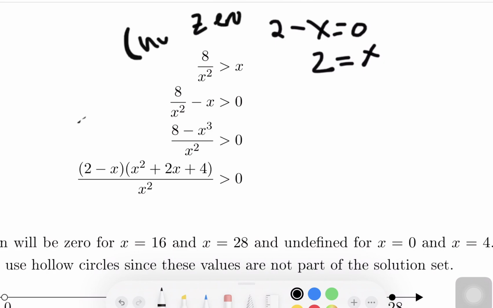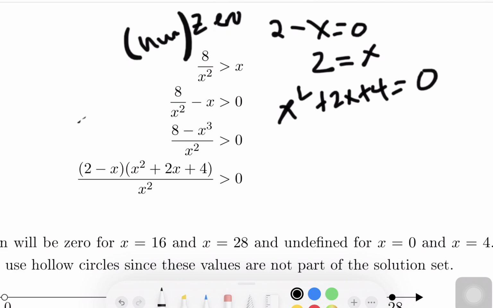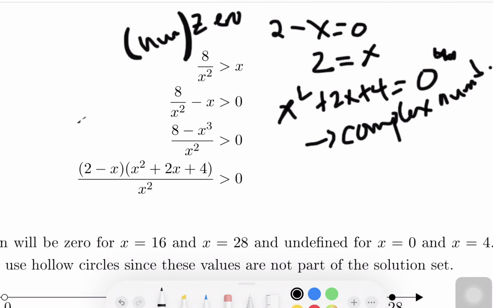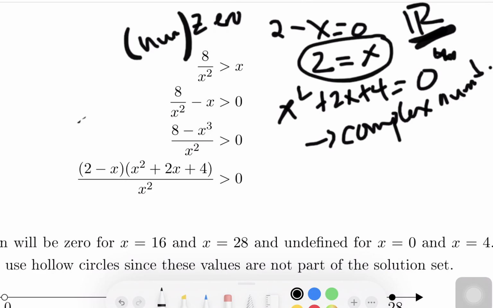The other factor, x squared plus 2x plus 4 equals 0, gives a complex number, meaning we will not include its result, since we are only on the set of real numbers. So we will only consider x equals 2.